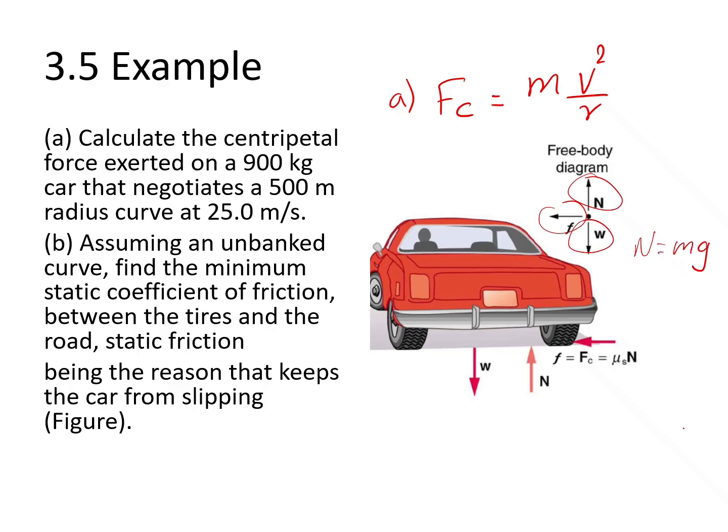So for part B, the minimum friction condition is given by F sub s equals mu sub s times n. And this frictional force must be at least equal to the centripetal force needed to keep the car moving in the circular path.